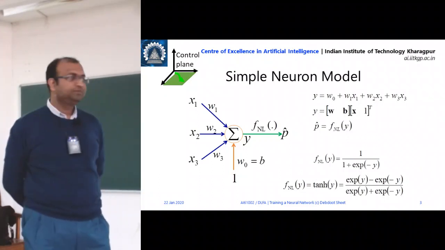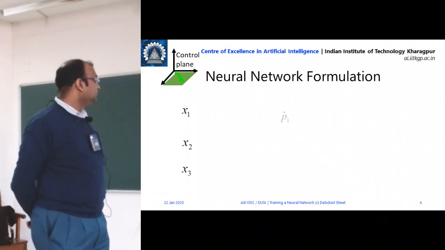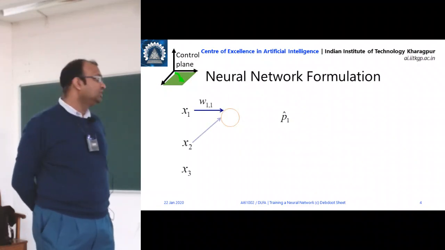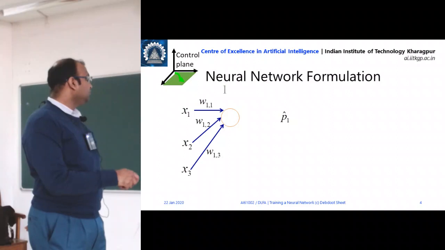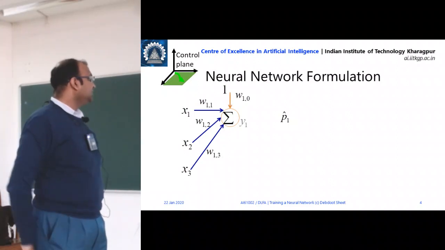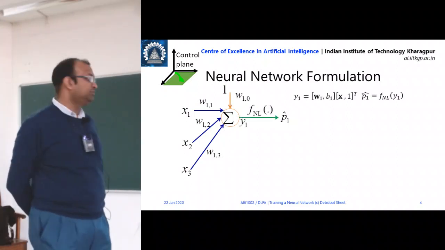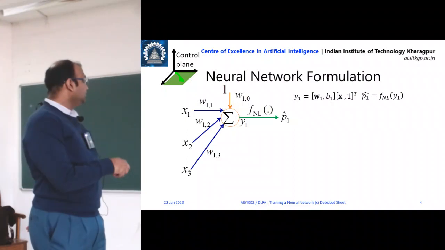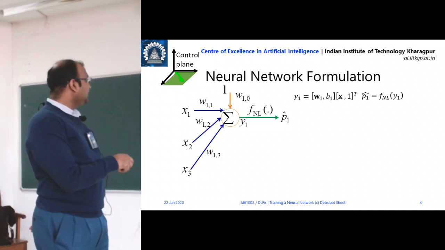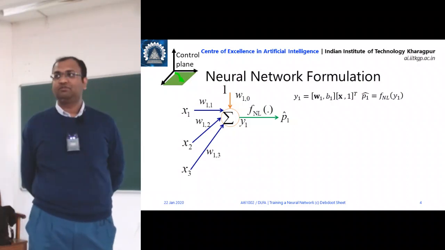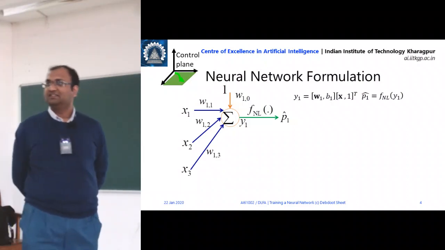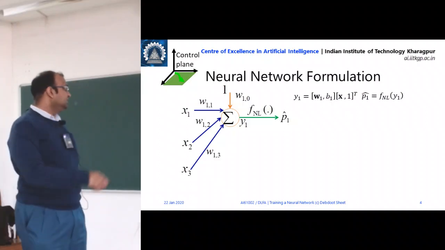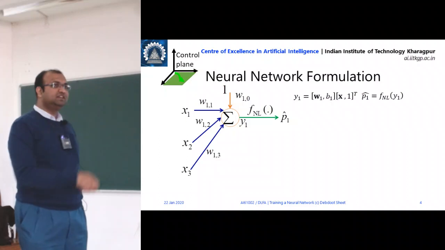Okay. Now for forming a whole neural network, the idea was that you have not just one output variable which is predicted, but a set of output variables which will get predicted, and accordingly your weights will also change their nomenclature. We saw that the way we rewrite these weights is with two subscripts. The second subscript is the source from where it is coming. The first subscript is the target where it is going.